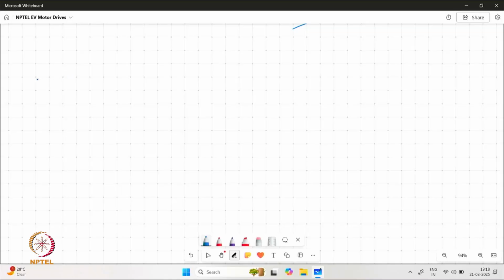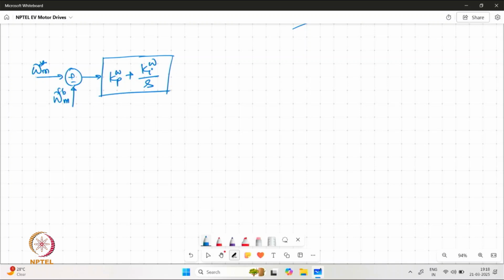the PMSM motor drive. So we have the error generated between the omega m star and feedback omega m, and for clarity we can give superscript of omega to the kpki parameters of the controller, which is eventually generating ISQ.